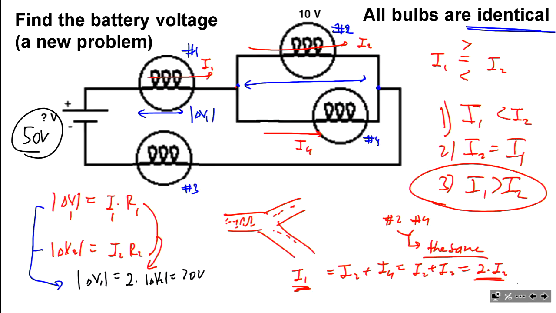EMF, that fixed voltage, should be equal to 20 plus 10 plus 20, 50. So when all elements have the same resistance, we have shortcuts we can use, like this rule. If the resistance is the same but current is twice higher, the voltage should be twice higher.